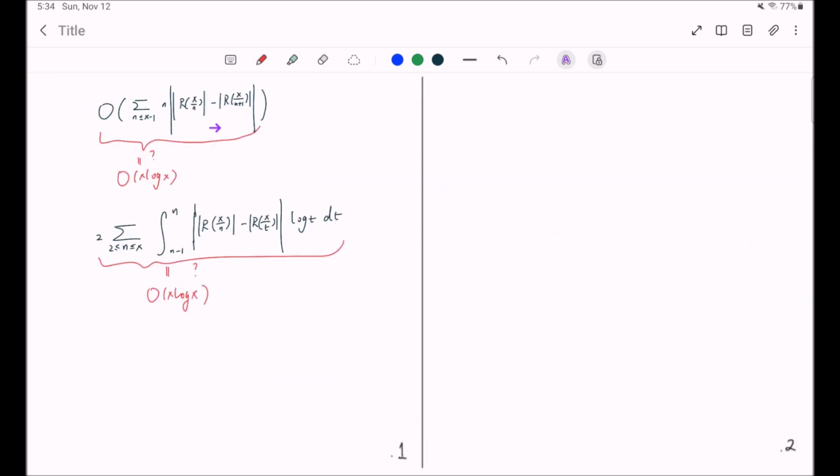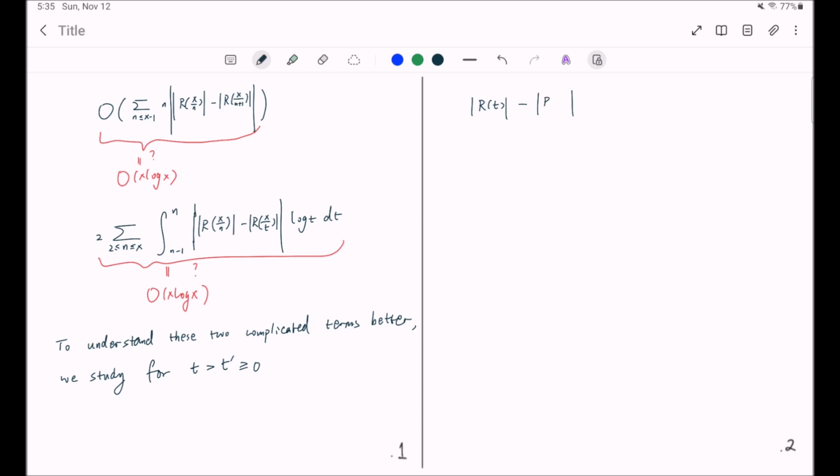Now, to understand these two complicated terms better, we shall study, for t bigger than t prime bigger than or equal to 0, the relation between the absolute value of R(t) and the absolute value of R(t prime).